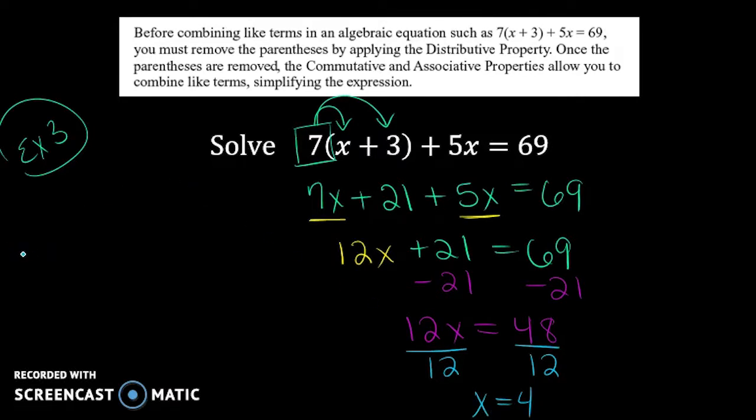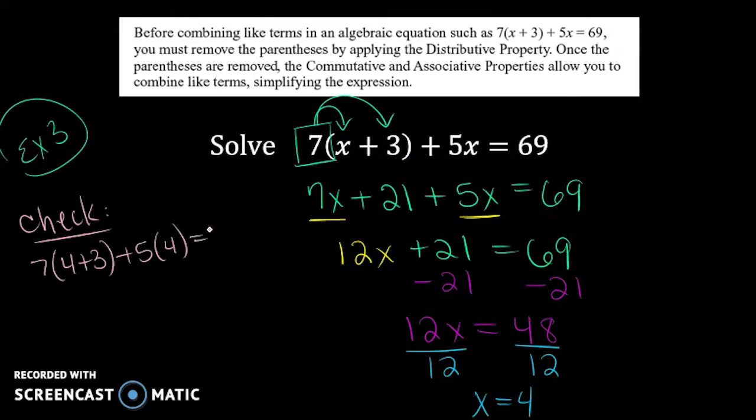Once again, you should always check this. You would check it just simply by saying 7 times (4 + 3) + 5 times 4 equals 69. Every time I see an x in the original equation, I'm just going back and putting in my new x value, which is 4.